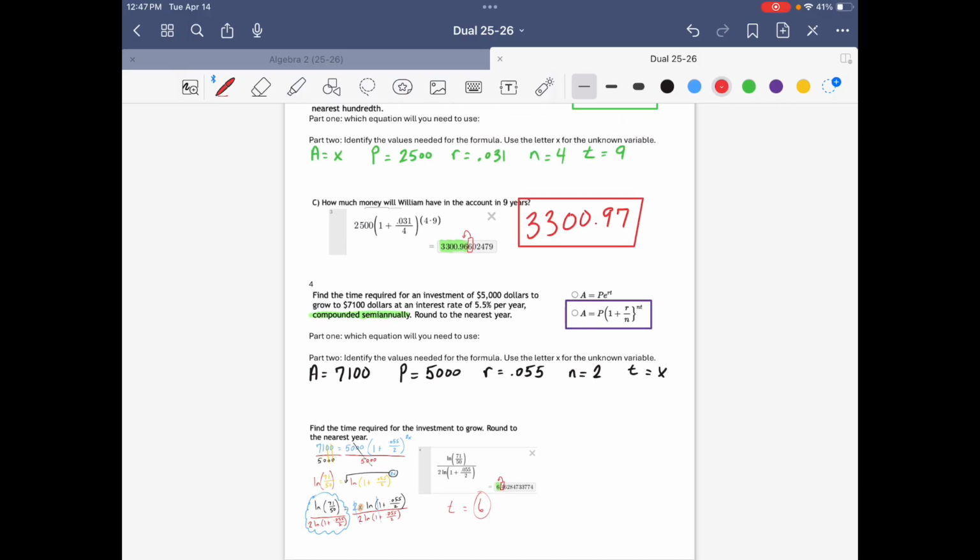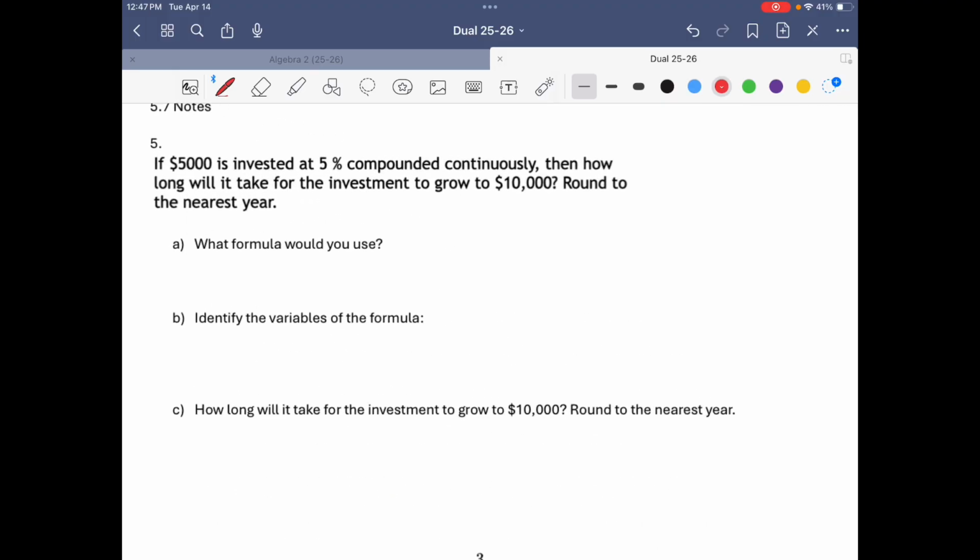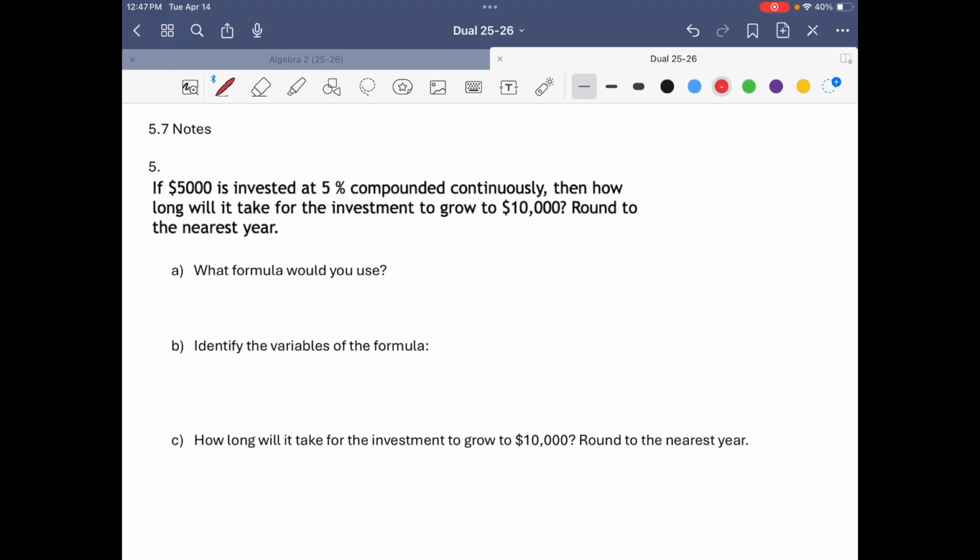Okay, number 5. If $5,000 is invested at 5%, compounded continuously. Oh, we haven't done this one in a while. Continuously. Remember, continuously, that means you're going to use what formula?